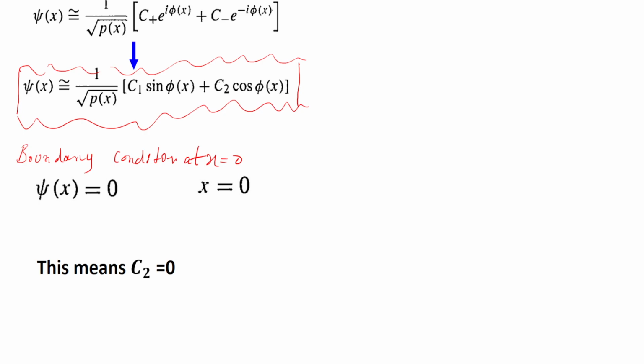We are already familiar with this type of boundary condition application. This is very easy. Simply put these two boundary conditions, x equal to 0 and x equal to a, in this solution. What are the two boundary conditions?